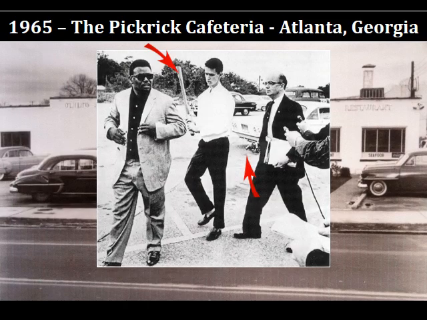And Maddox becomes a very popular figure in these segregationist circles, although he doesn't call himself that. He calls them integrationists. And he gets famous for throwing people out of his cafeteria at gunpoint. You can see that right-hand arrow is pointing at a little revolver he's got in his hand. And also chasing them out with an axe handle. They were famous for axe handles.